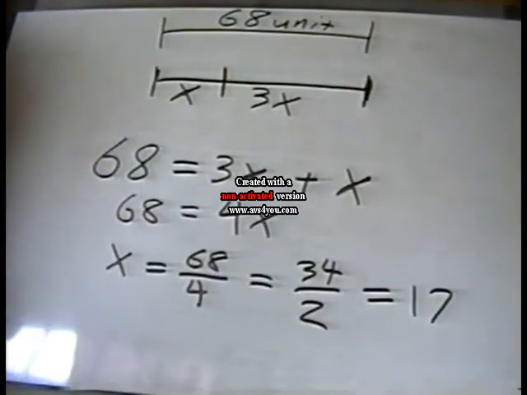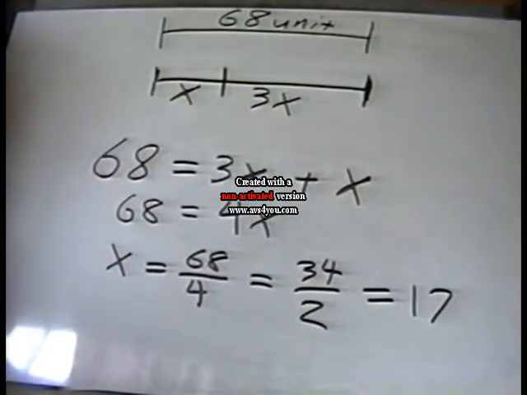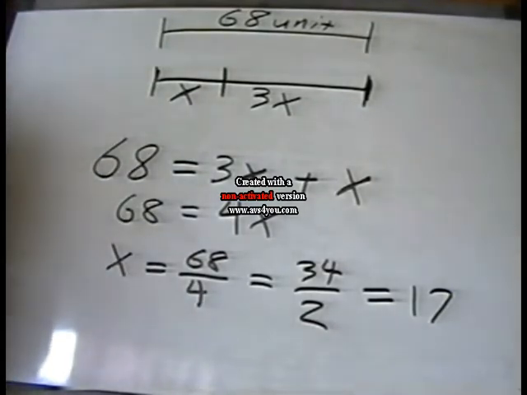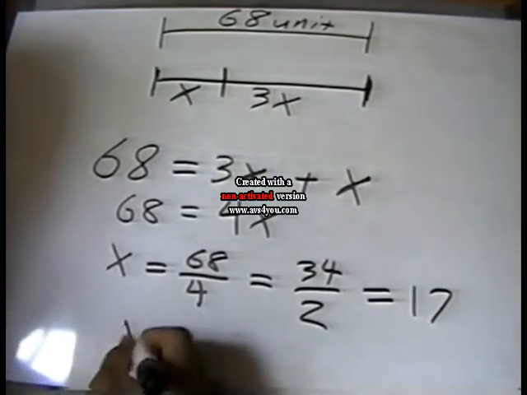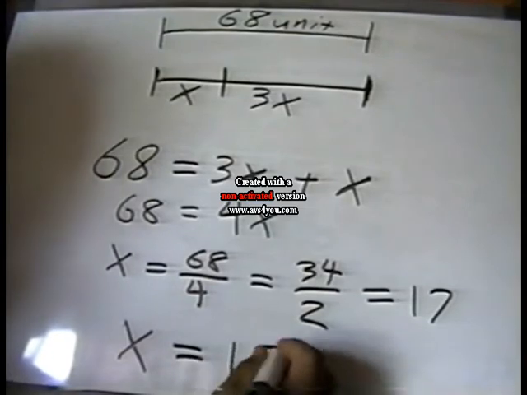That's going to be 34 over 2. Then 34 divided by 2, that's going to give you 17. So that's x equals 17.